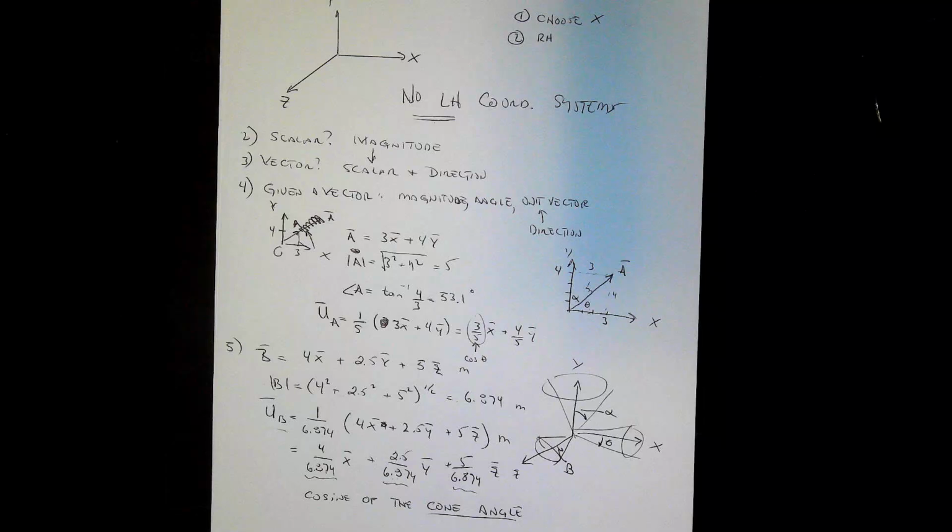All right, the unit vector. Same idea. We'll just divide by that. So the unit vector would be, it's just easier to write this way, 1 on 6.874, 4x plus 2.5y plus 5z, and we can add our little meters on the end. And we can put our meters here too.